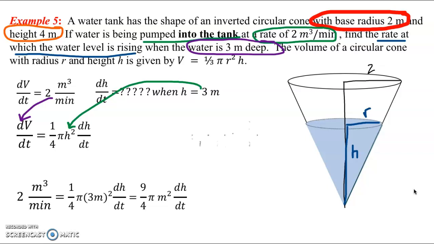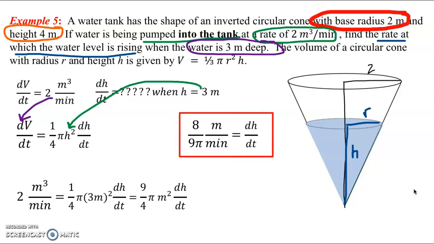Solving for dh/dt, I get dh/dt is equal to 8/9 pi meters per minute. Now you could change this to a decimal if you would prefer. I left it here in exact form, so it's in terms of pi. So the rate at which the water level is rising when the water is 3 meters deep is 8/9 pi meters per minute.